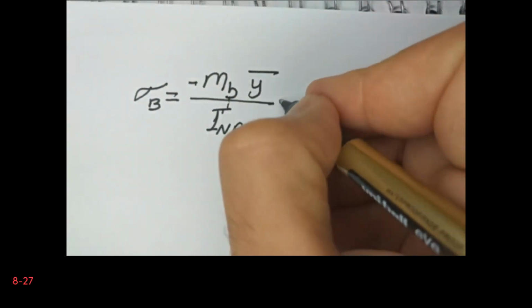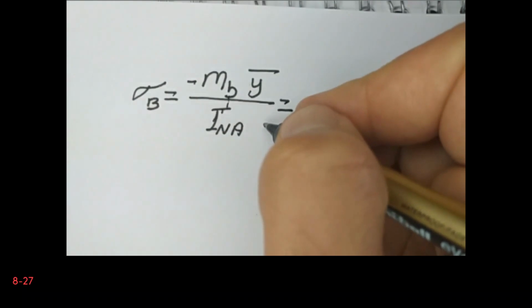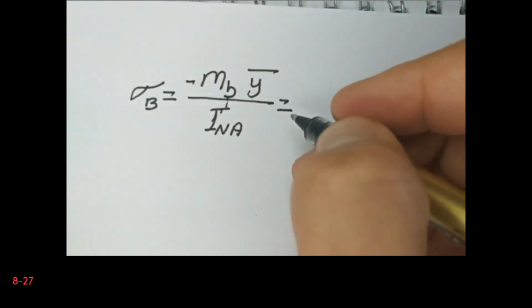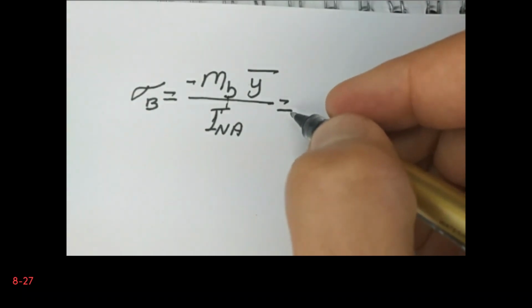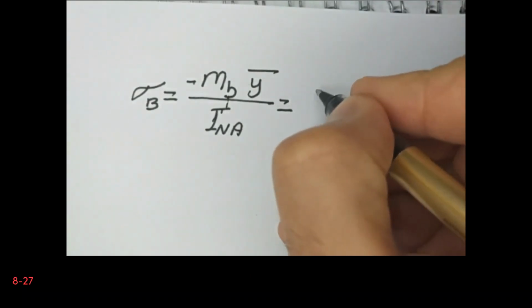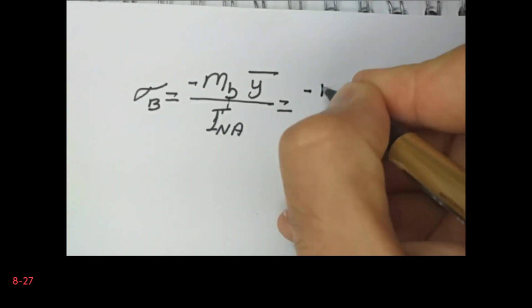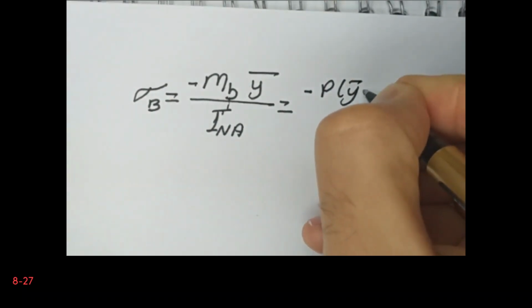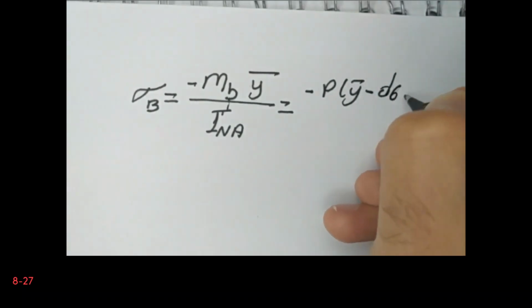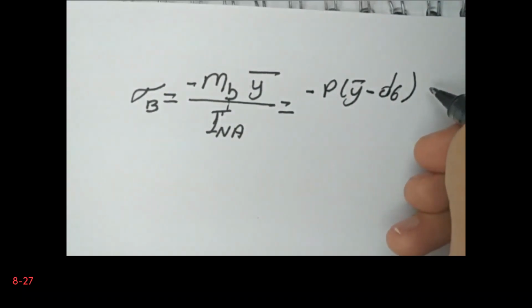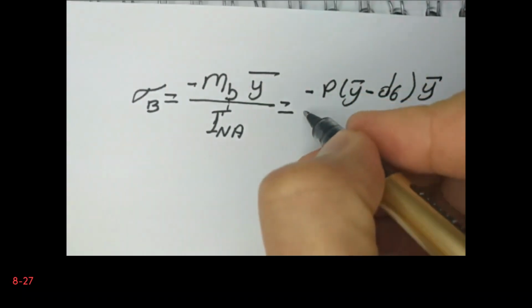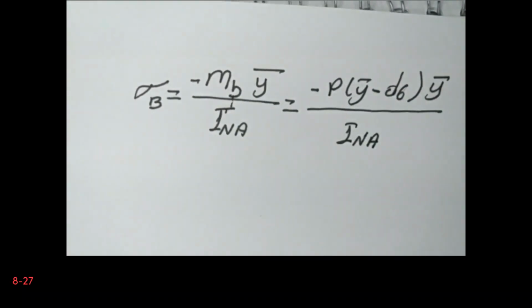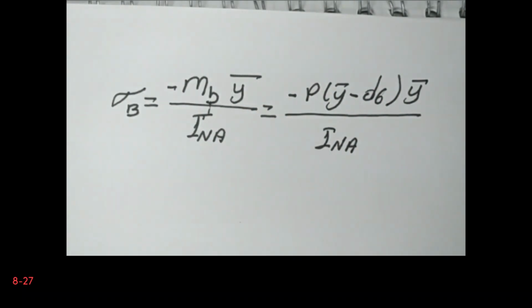So let's put the value for that. So that is minus P y bar minus D6 multiplied by y bar divided by INA. So this is the stress due to the bending.